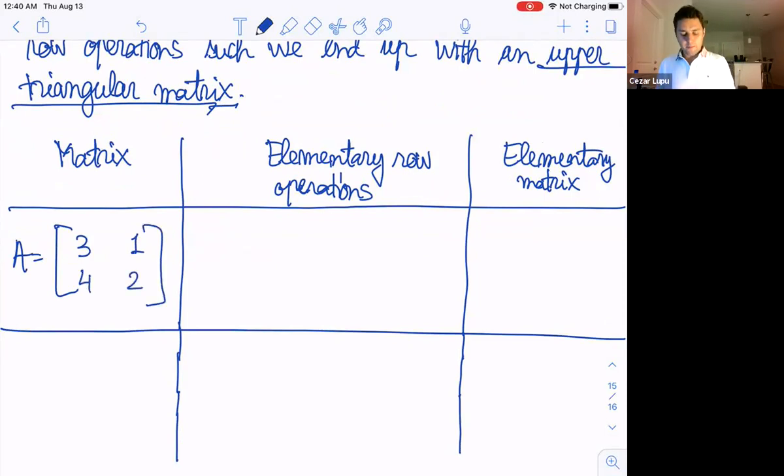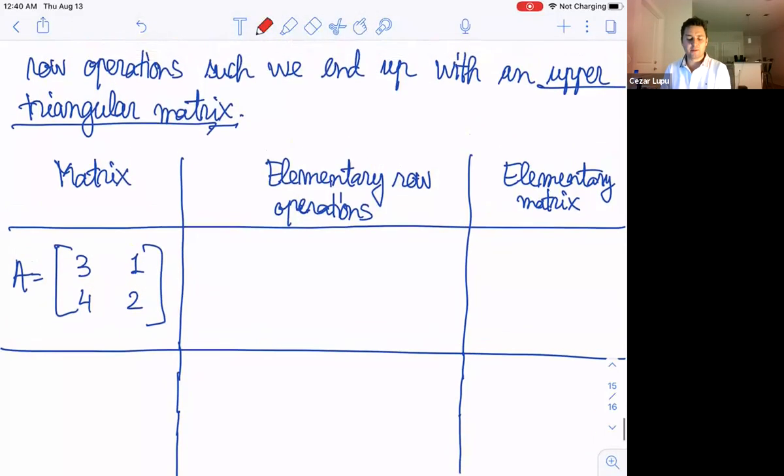Okay, and keep in mind that I want to end up with an upper triangular matrix. It's quite clear what I need to do. And the elementary row operation, given the fact that I want to end up with an upper triangular matrix, just like we said here, will be the following.